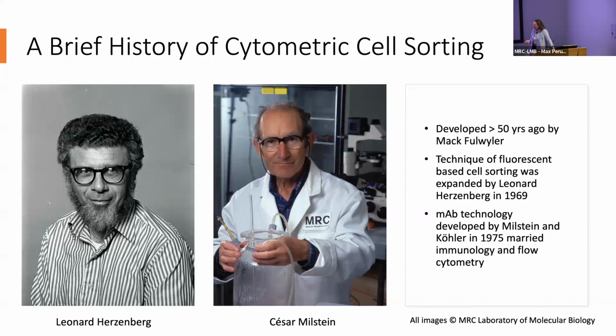So he discussed this with Mac, and Mac said, sure, here are the plans for my cell sorter. And Leonard ran with them, added lasers. And then, of course, upon the invention of monoclonal antibody technology by Cesar Milstein and George Kohler in 1975, and there's Cesar here at the LMB, this created the perfect marriage between the field of immunology and flow cytometry.